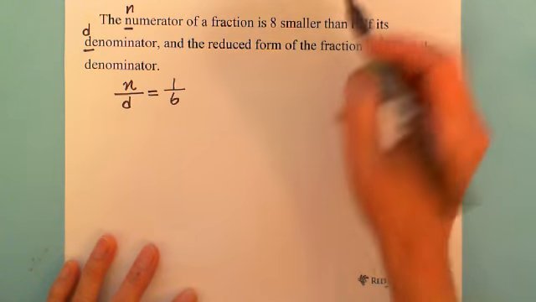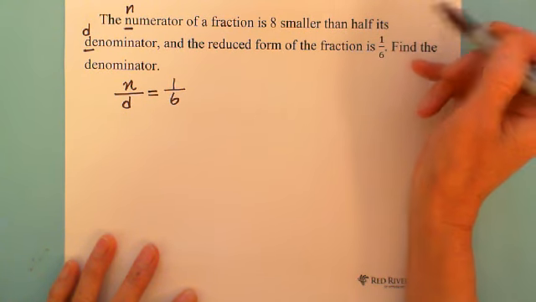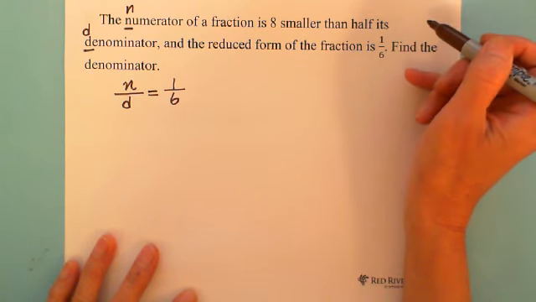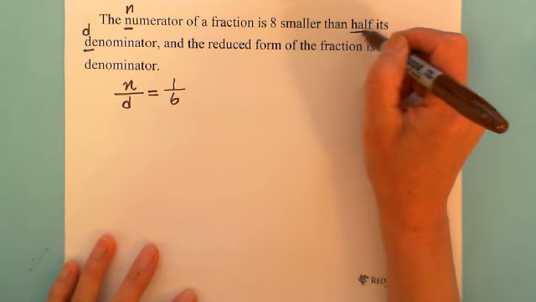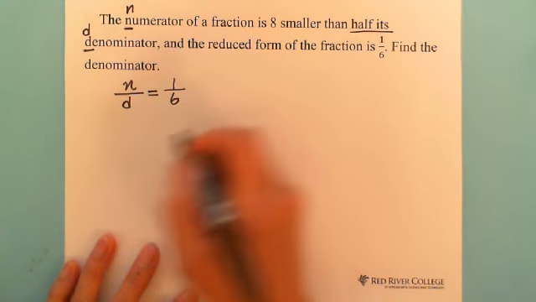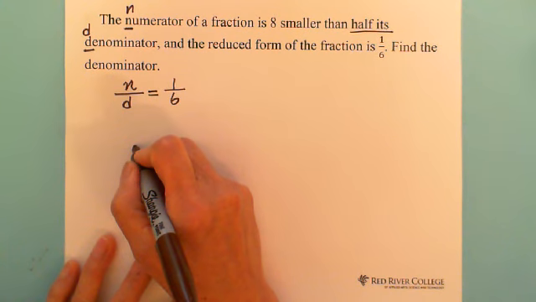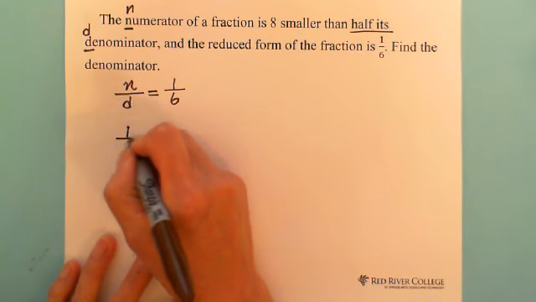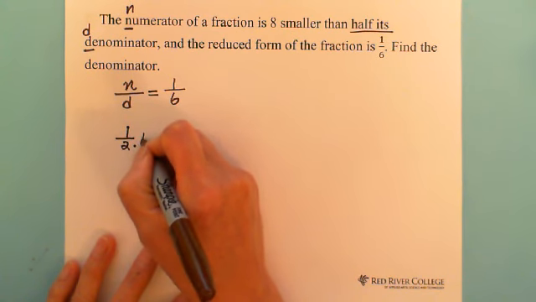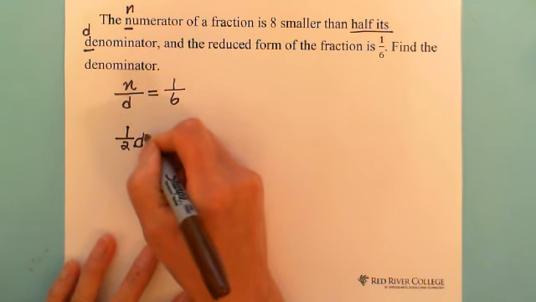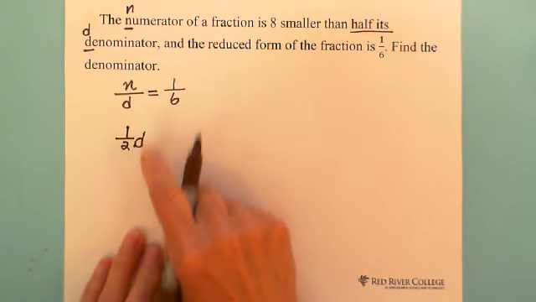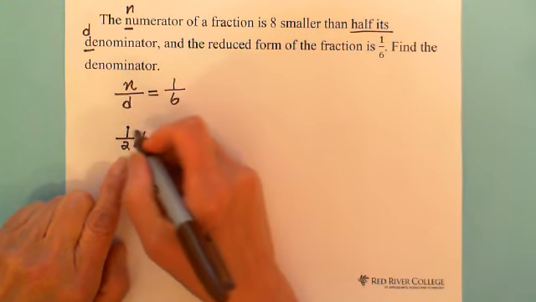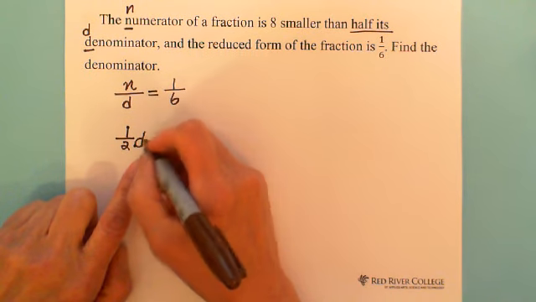Half means 1 divided by 2, or multiply by 1/2. So half its denominator is 1/2 times d. The numerator is 8 smaller, so after you have half the denominator, minus 8.